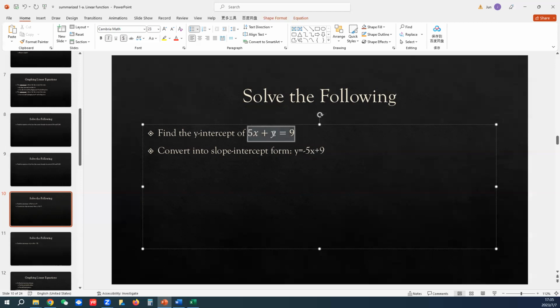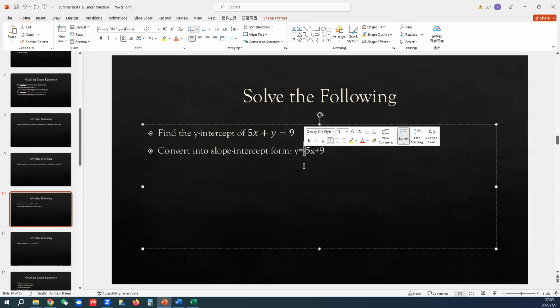So we just keep y here, keep 9 here, but move 5x to the right-hand side and change the sign ahead of it. And here, the y-intercept is when x equals 0 and y equals 9.